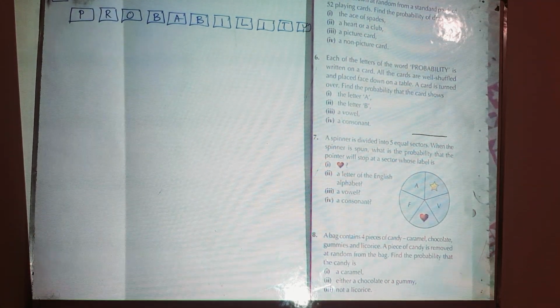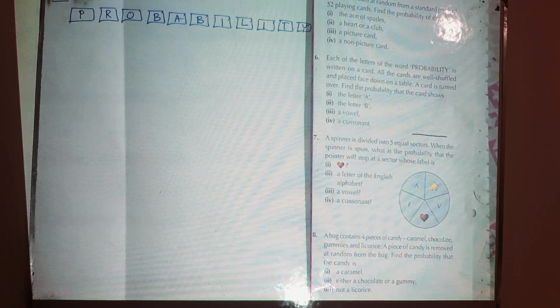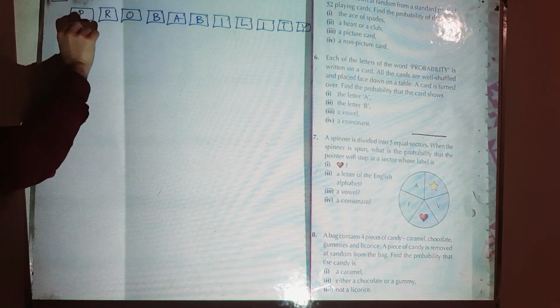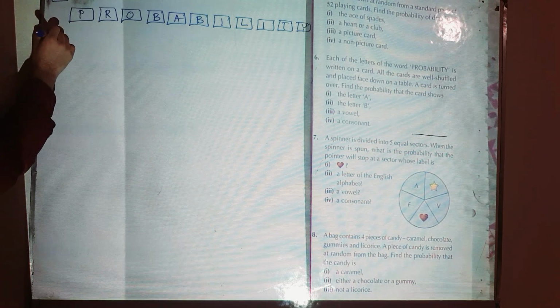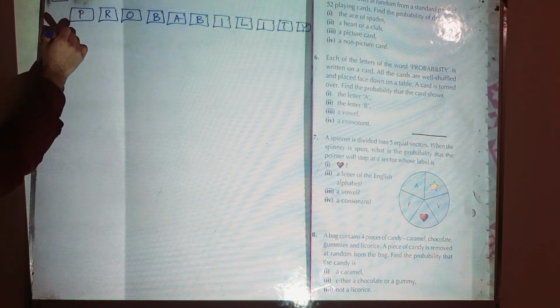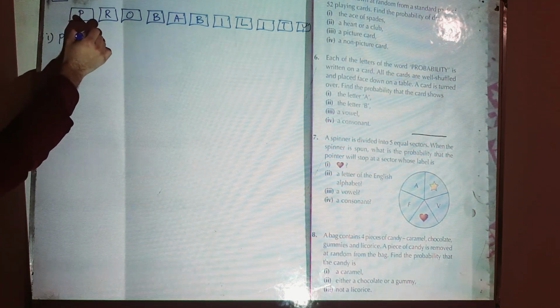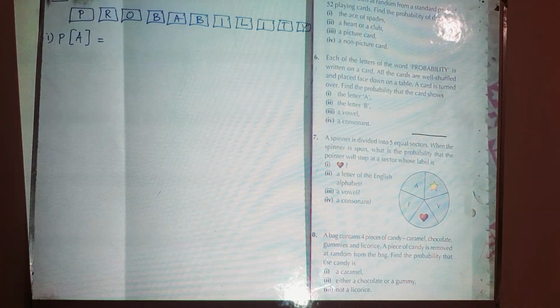All the cards are well shuffled and placed face down on the table. A card is turned over. Find the probability that the card shows the letter A. Probability of having the letter A.